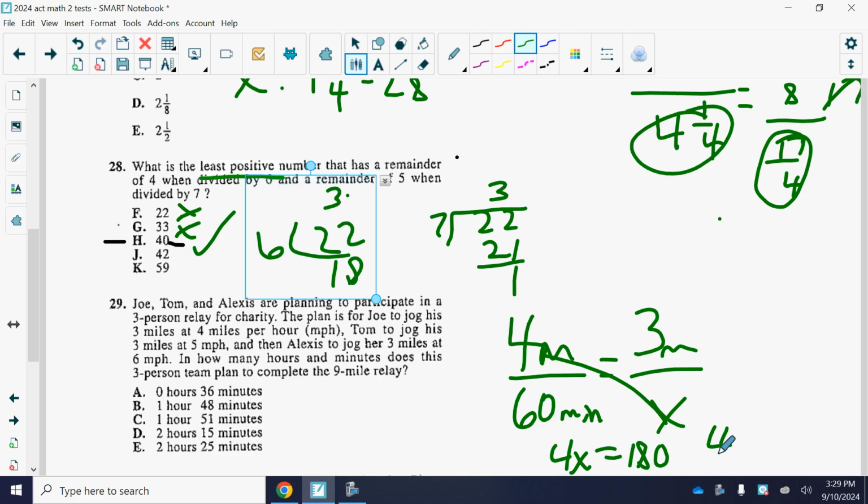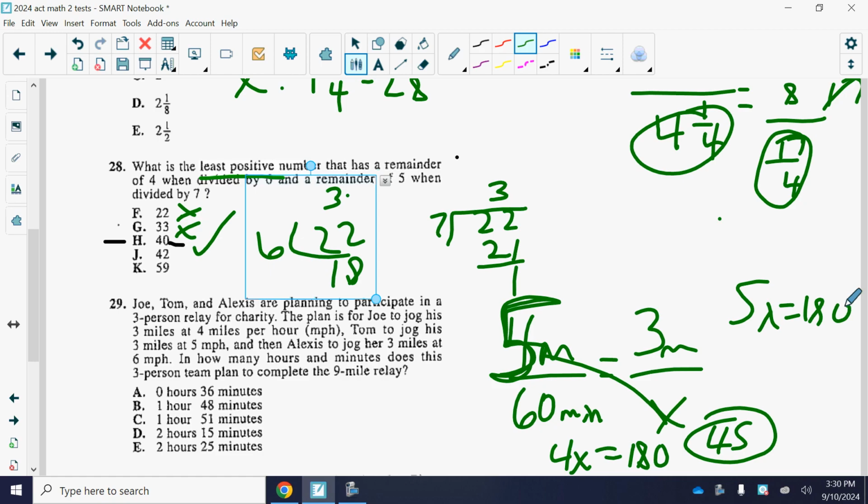X is 45 minutes. So Joe is 45 minutes. Tom is a little faster. He's going to go at 5 miles an hour. I'm cheating. So 5x is 180.